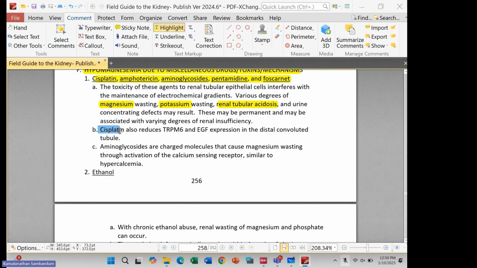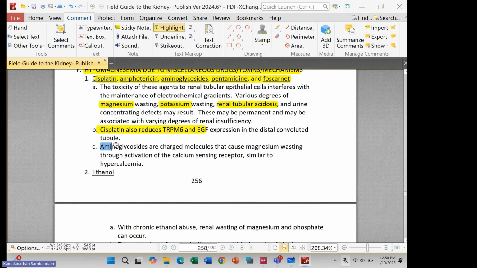There's also cisplatin. People have done a lot of work with it. It's used in many animal models of AKI, as well as transport defects, in order to elucidate how cisplatin affects the kidney in multiple dimensions. People have shown that there's reduced TRPM6 and EGF expression with cisplatin use.